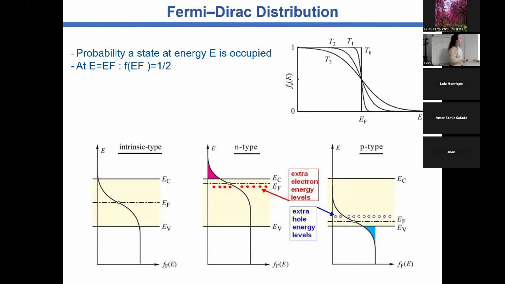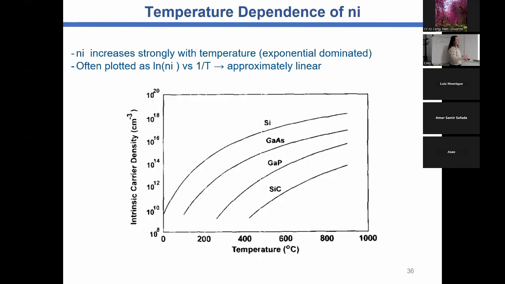The Fermi-Dirac distribution can also be different, as I told, if the temperature is different. If we have a different temperature, we have carriers with a different position in these states.